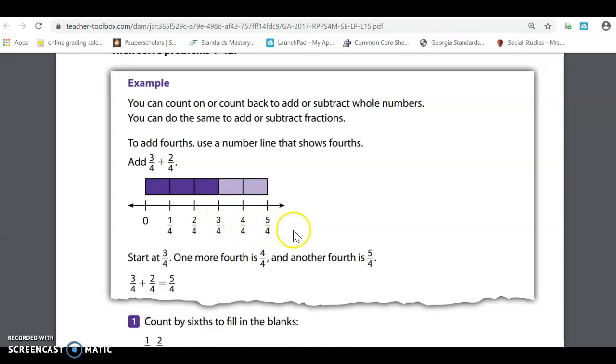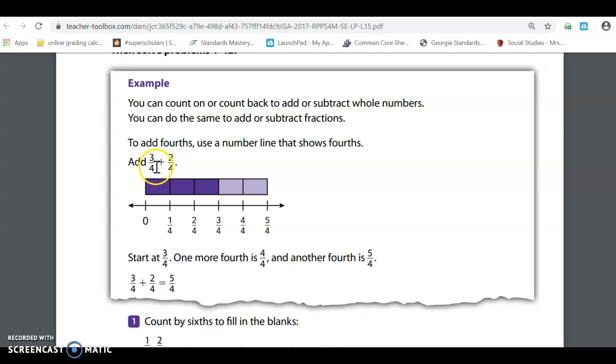Now let's just say that I didn't have a number line or an area model and I just had the equation 3/4 plus 2/4. As I taught you all in class, first only focus on your numerator, which is your top number. Let's add 3 plus 2, and 3 plus 2 is equal to 5. With your denominator, we're not going to add 4 plus 4.